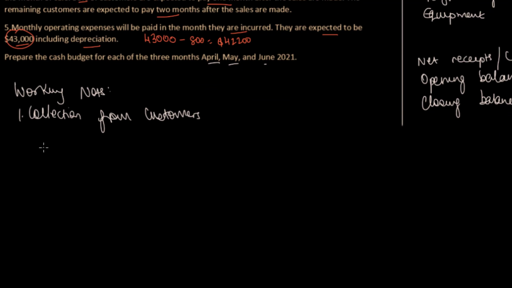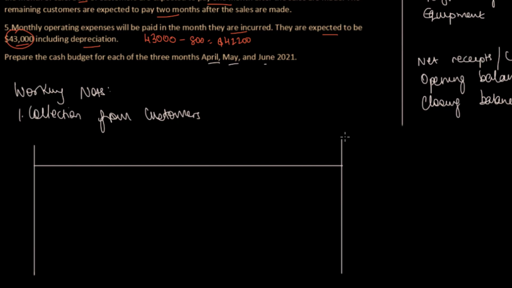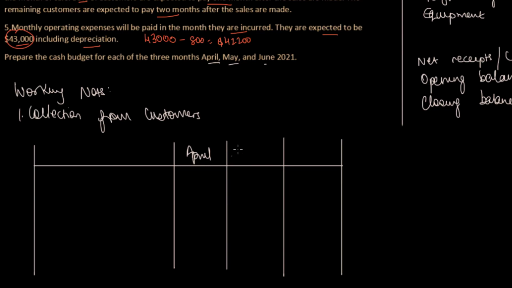We'll prepare a table. So April, May and June. Let's write down the sales in each of these months. All amounts are in dollars.